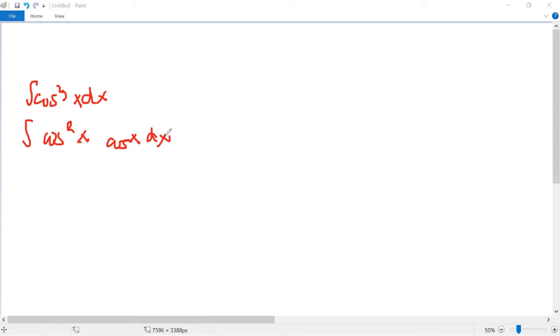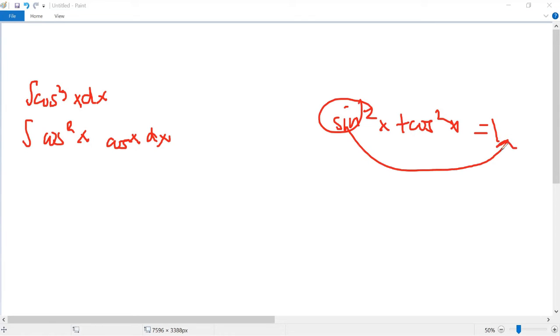And what we want to do is change cosine squared into 1 minus sine squared. Keep in mind, sine squared plus cosine squared is equal to 1. Solving for cosine squared, we can move sine squared to the other side. If we do that, we'll get that cosine squared is 1 minus sine squared.